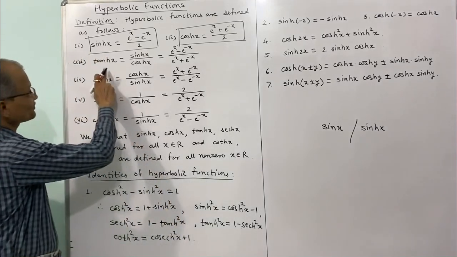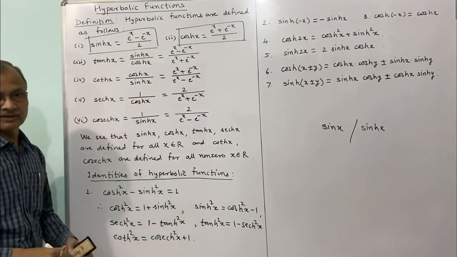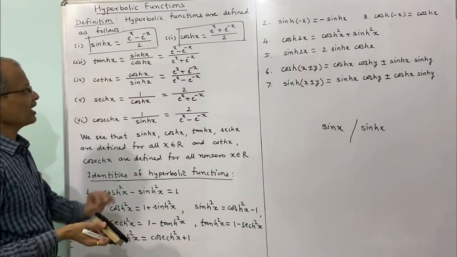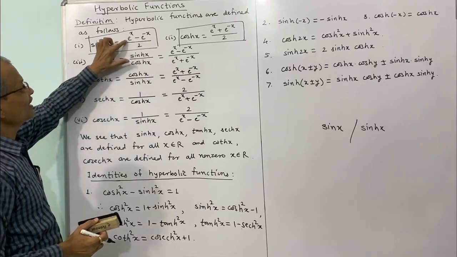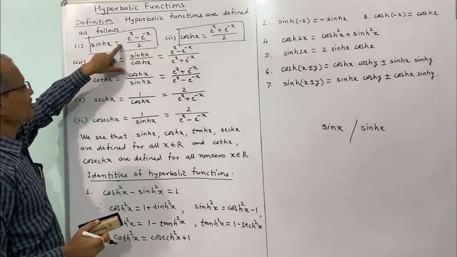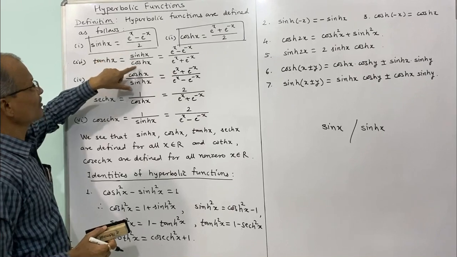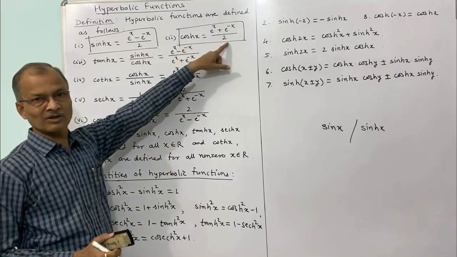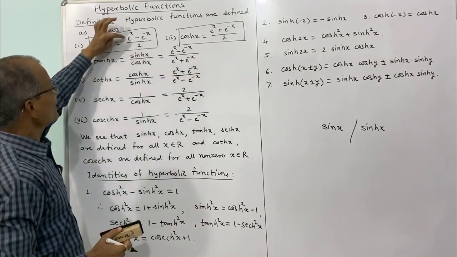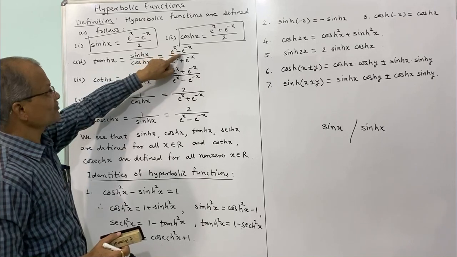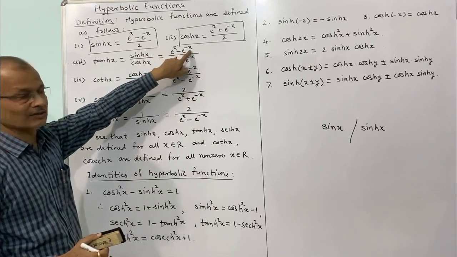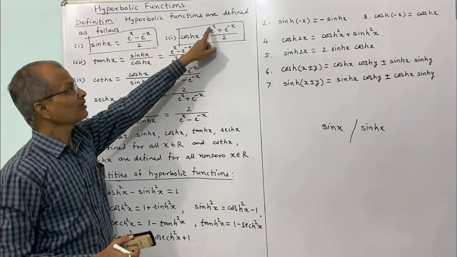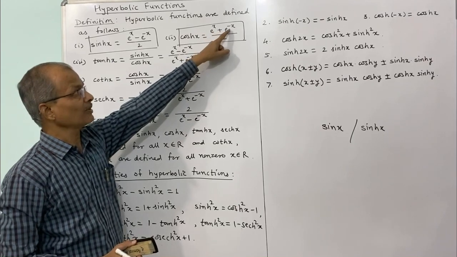Now you see, hyperbolic tan x is hyperbolic sin x divided by hyperbolic cos x. And here we have these definitions: hyperbolic sin divided by hyperbolic cos. So this denominator 2 cancels, and we get e to the power x minus e to the power negative x divided by e to the power x plus e to the power negative x.